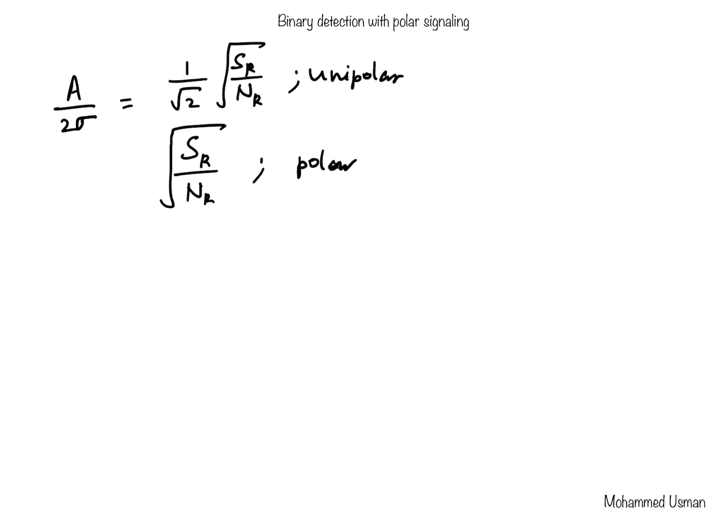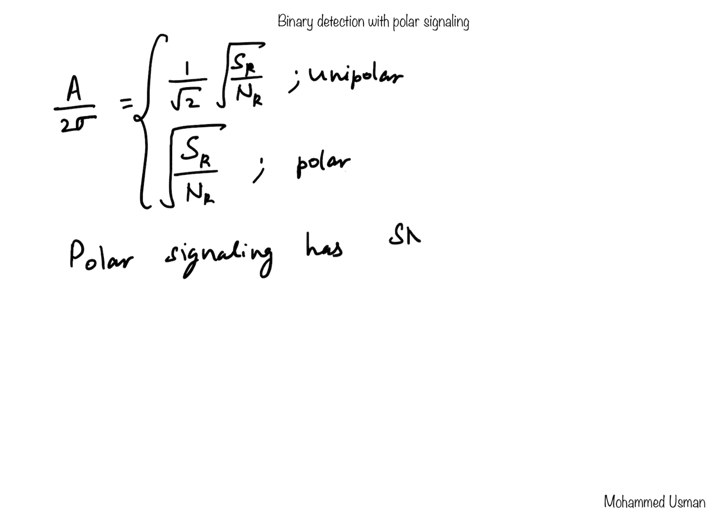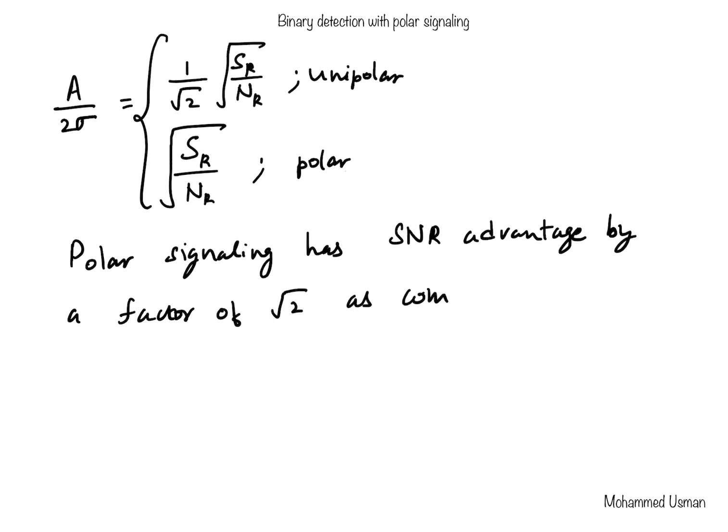So from these two expressions we can clearly see that polar signaling has an SNR advantage by a factor of root 2 as compared to unipolar signaling.